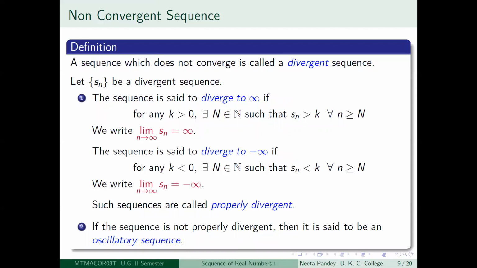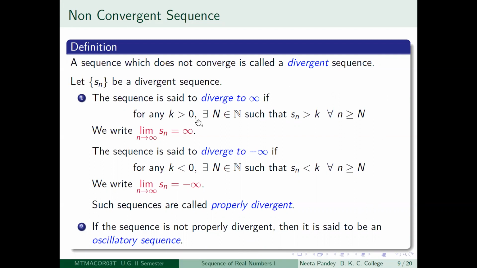Now, once it is a divergent sequence, there are many things which can happen. There is a specific property which the sequence should hold, so that it is a convergent sequence. But if it is not convergent, that property can fail at many levels. So when you are looking at a divergent sequence, there are going to be several types of things happening.